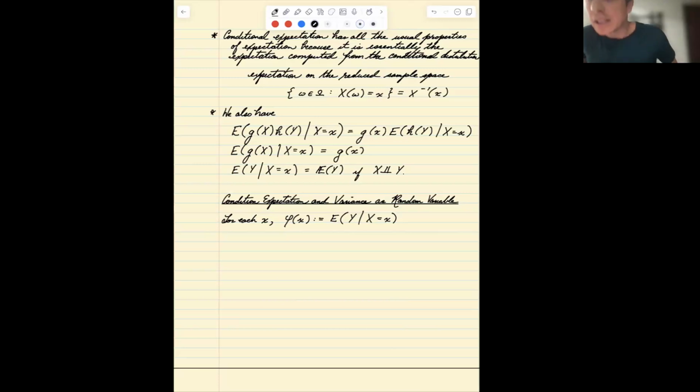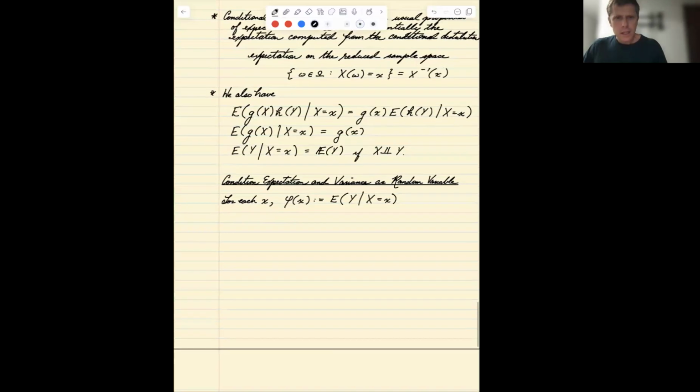So we're viewing this now as a function of x. Then we can define a random variable phi, this function, evaluated at the random variable X. It's a random variable because it's a function of a random variable.